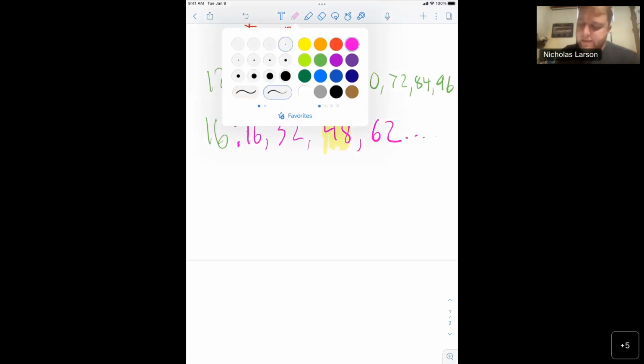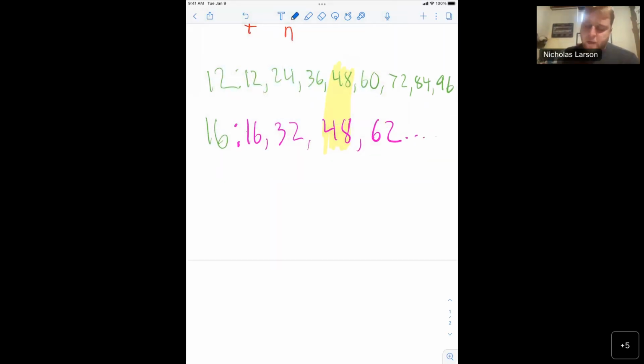Now, sometimes it gets a little bit more confusing because this is, again, more like pre-algebra. What if we had something like this, where we had 12a to the third and we had 16a to the fourth? Now, everything I did with the number would be the same. So right now I'm going to focus on this.